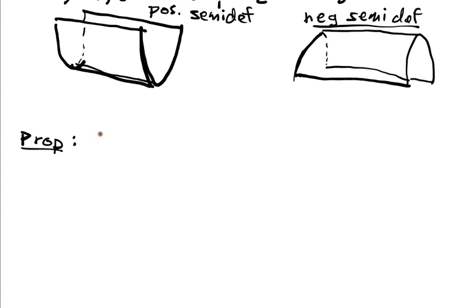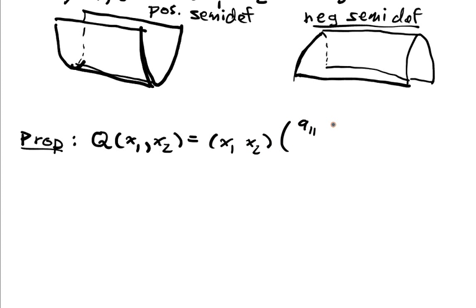So let's look at the 2x2 case. Let's suppose q(x1, x2) is equal to (x1 x2) times the matrix [a11 a12; a12 a22]. So I just assume that this thing is symmetric.